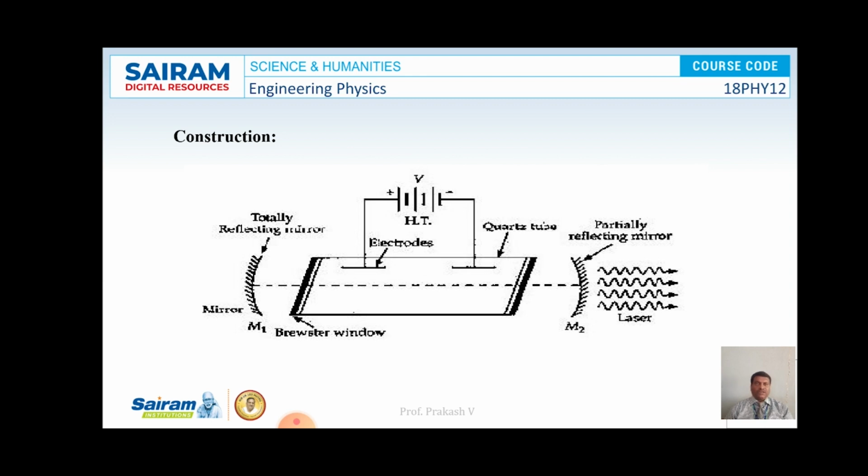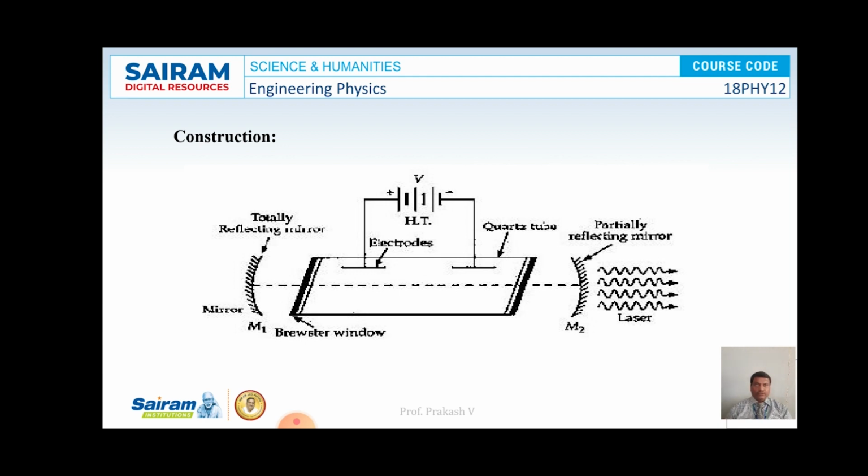The CO2 laser consists of a quartz discharge tube of about 5 cm long and 2.5 cm in diameter. The discharge tube is filled with a gaseous mixture of CO2, helium and nitrogen with suitable partial pressures. The terminals of the discharge tube are connected to a DC power supply. The ends of the discharge tube are fitted with a NaCl Brewster window so that the laser light generated would be polarized.